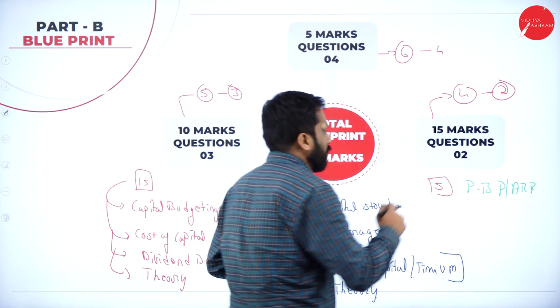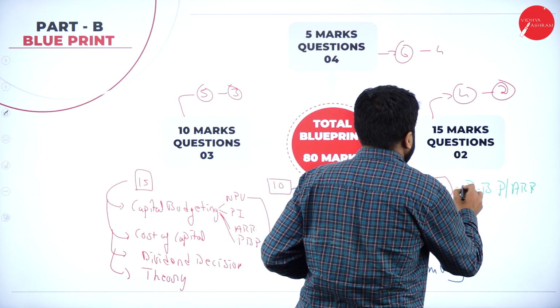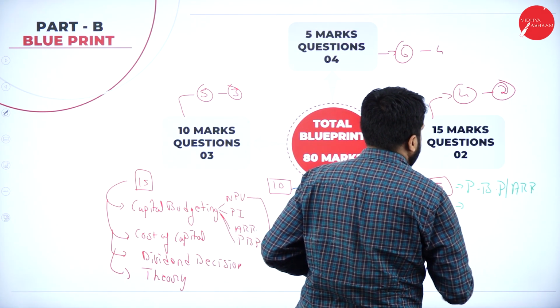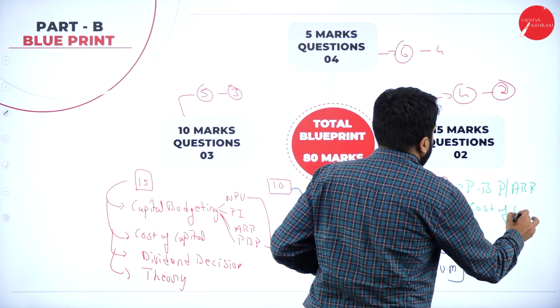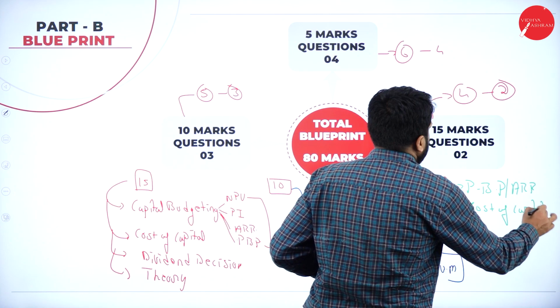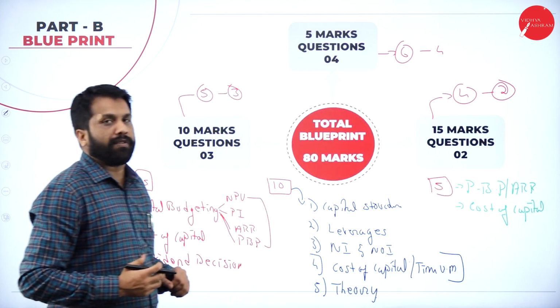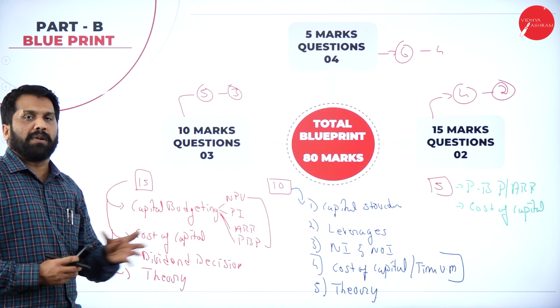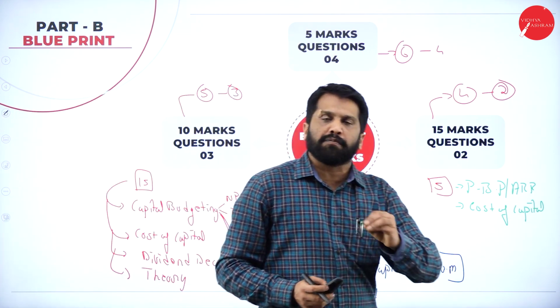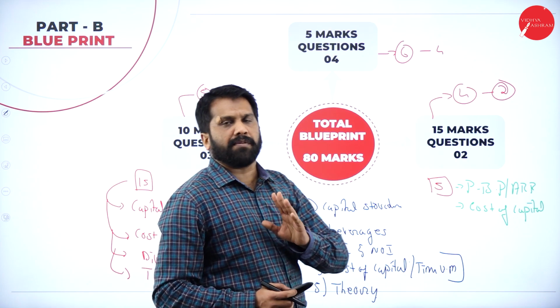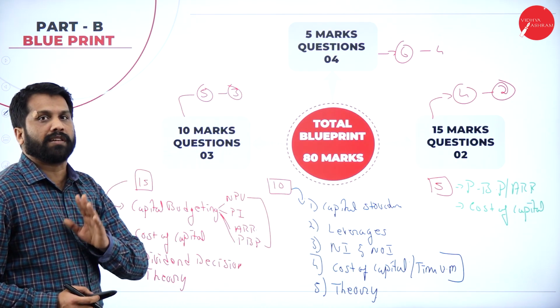Then, after your payback period or accounting rate of return, the second one will be cost of capital. One small problem. Under cost of capital, they may ask you to prepare cost of debenture, cost of equity, cost of preference shares. Like this, they will ask you the cost of capital.